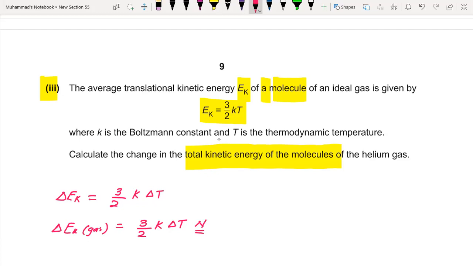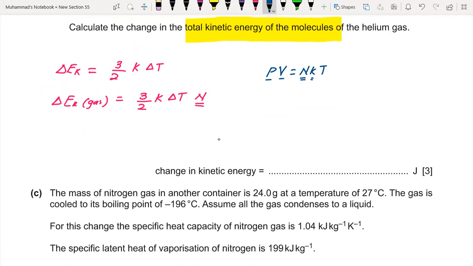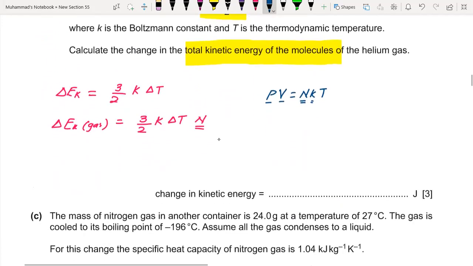So first of all, we have to calculate the number of molecules. And for the number of molecules, you know which equation we should use: PV equals NkT. These are the number of molecules, pressure, volume, the constant, that is the Boltzmann constant, and T is temperature.